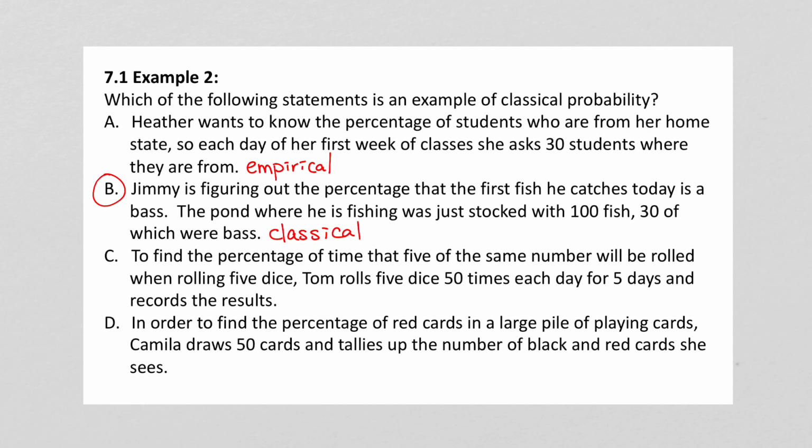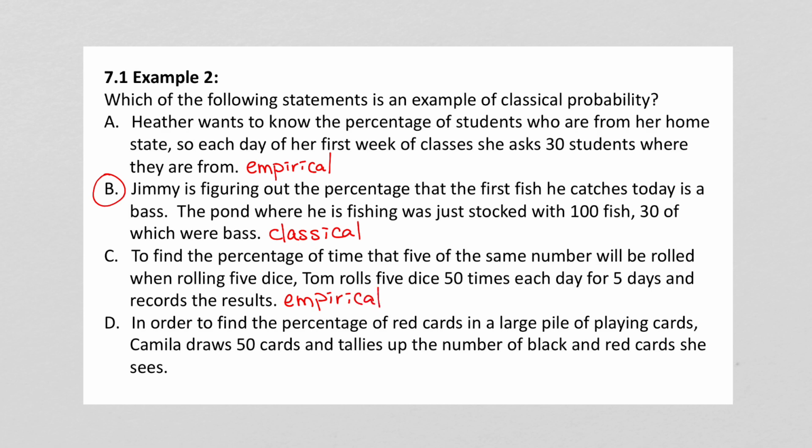wouldn't be classical. To find the percentage of times that 5 of the same number will be rolled when rolling 5 dice, Tom rolls 5 dice 50 times a day, each day for 50 days, and records the results. So again, this is an experiment where he's rolling dice. This is empirical probability.